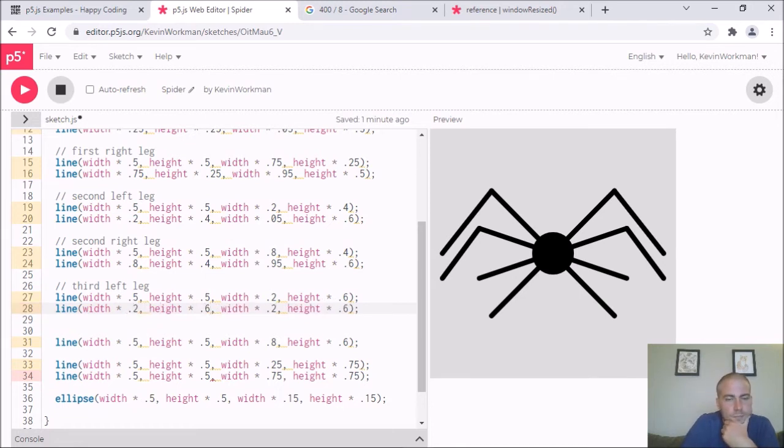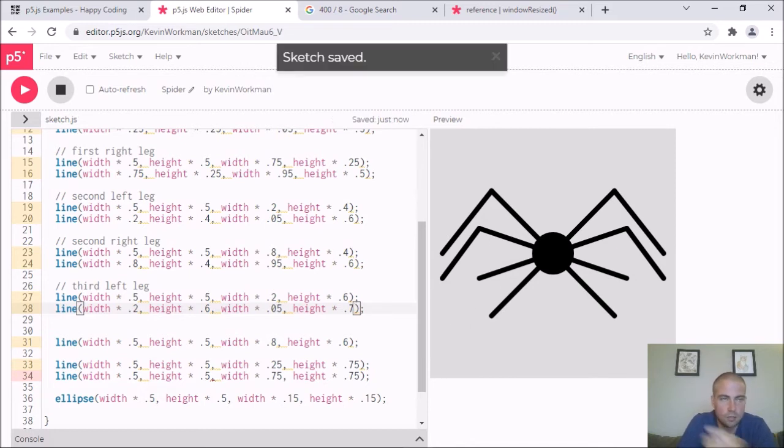And I'm going to end at 0.05, because I want the legs to align to the same left and right coordinate, but the height is the thing that's changing. So I went from 0.5 to 0.6. Now I'm going to go from 0.6 to 0.7. That's the pattern matching that I was talking about earlier: when I went from the first leg to the second leg, what did I change? Now I'm going to change the same thing going from the second to third leg. And we're going to see if that makes sense.